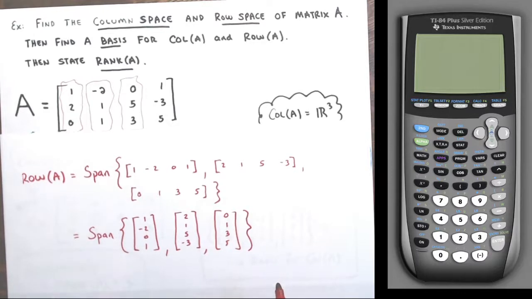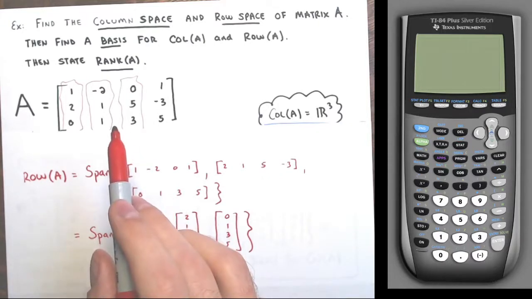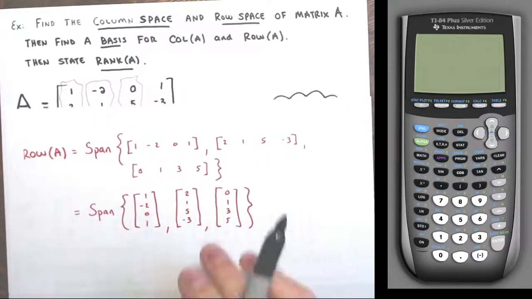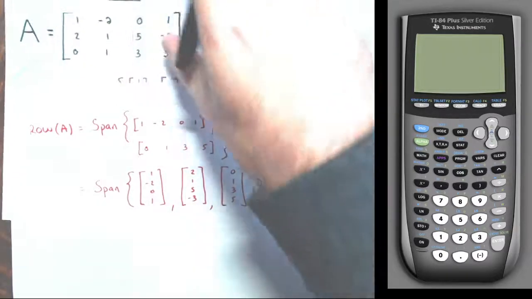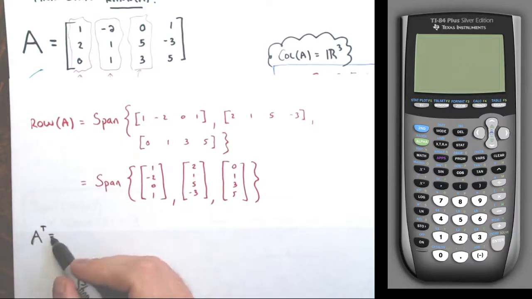And this may look familiar to you, where these would just be the columns of A transpose. If I were to write A transpose, which I'll do down here, here's matrix A at the top, and A transpose is just where the rows become columns and columns become rows.